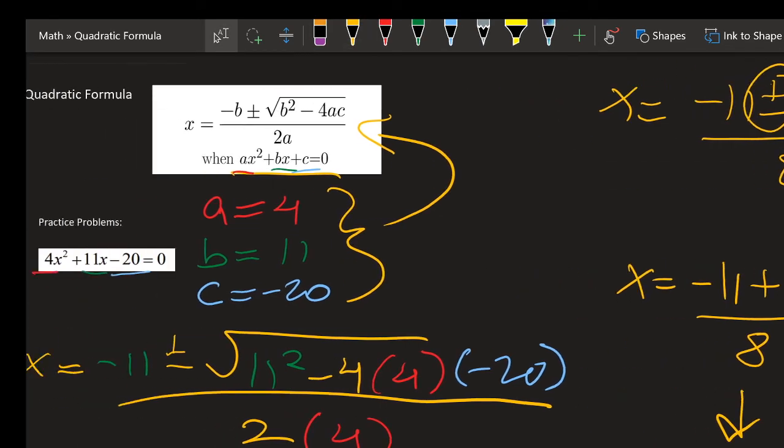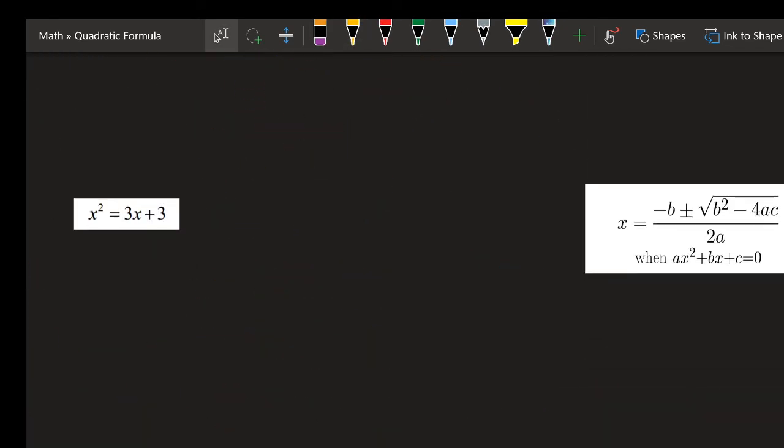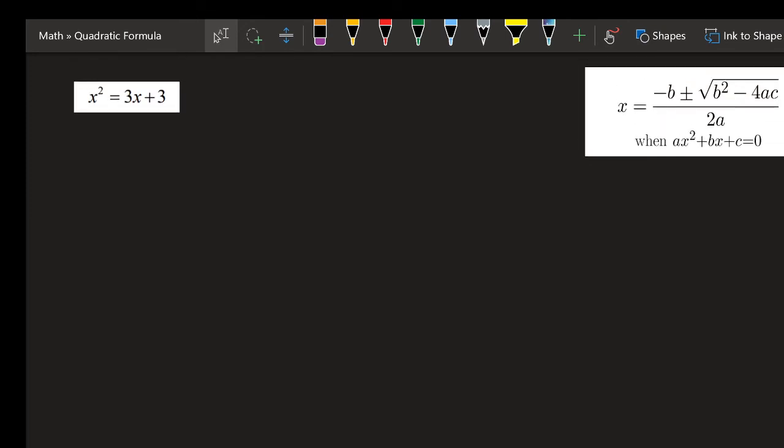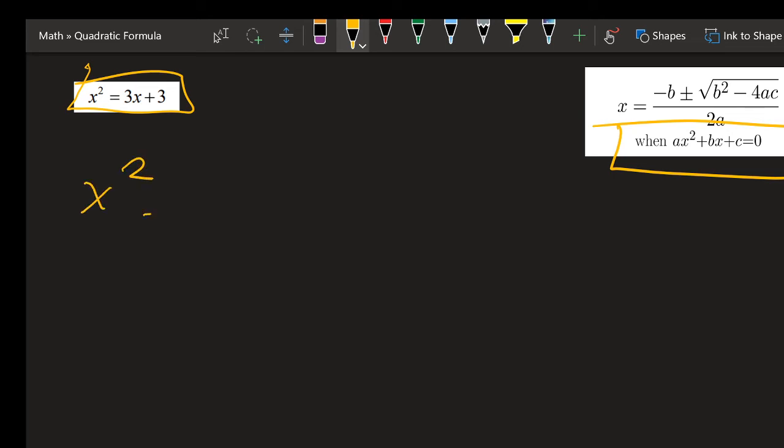Now let's do another problem. We can see here that x squared equals 3x plus 3. Now, the first step we want to do is rewrite this as this. So we can subtract both sides by 3x plus 3 to get x squared minus 3x minus 3 equals 0.